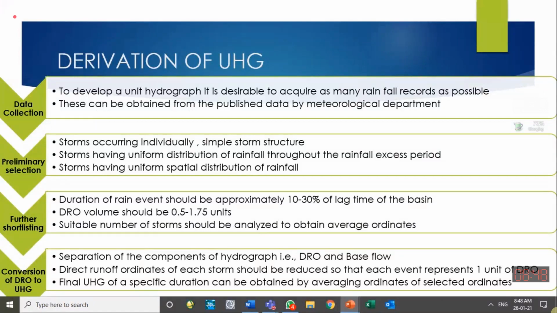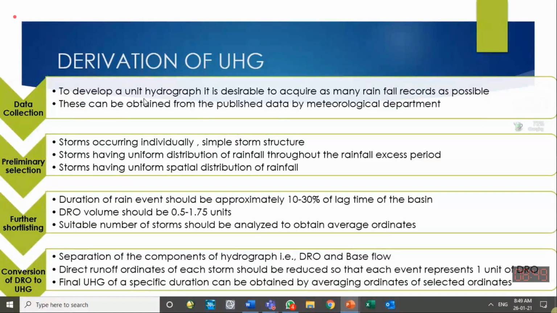For a smaller basin, don't select a larger duration storm. No need. For smaller durations, like an urban catchment, sometimes we need storms of 1 hour, 30 minutes, 10 minutes, something like that. But for a larger basin, we need storms of larger duration. So time of concentration controls it.